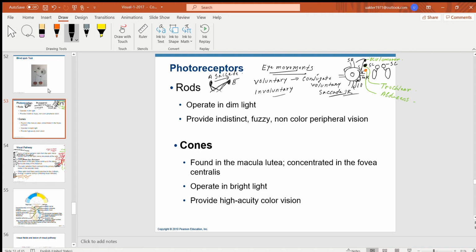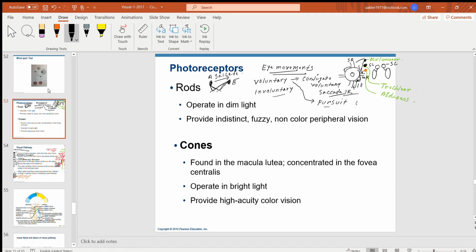Make sense? Okay. Another voluntary movement is pursuit. Pursuit eye movement is not sudden.